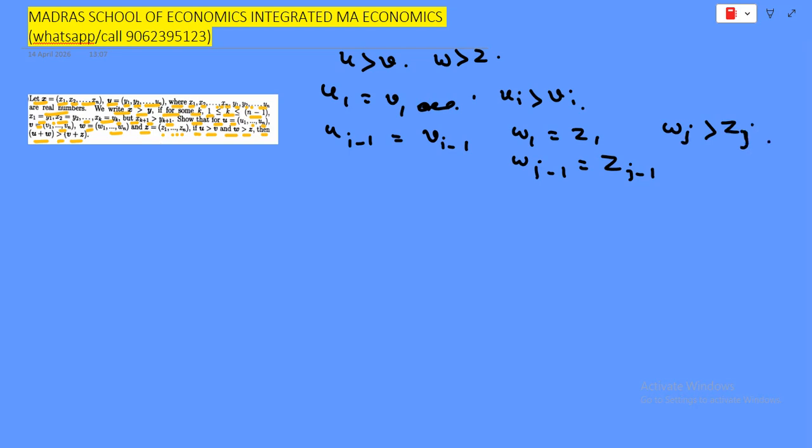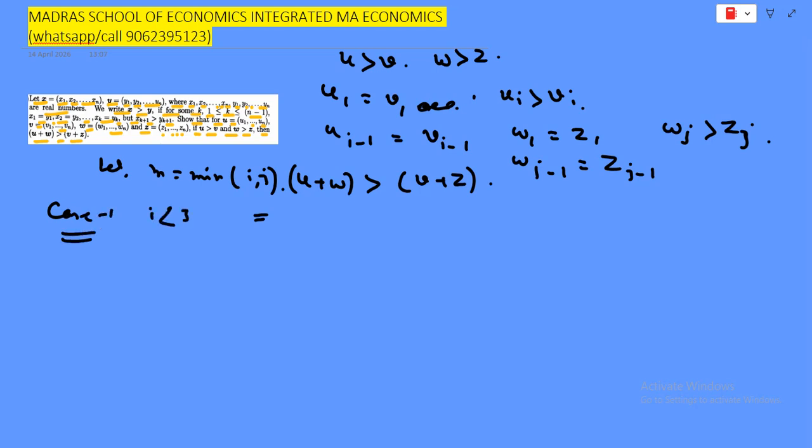Now we need to show that u plus w is greater than v plus z. To do this, we need to find the first index where the sum u plus w differs from v plus z. Let m be the minimum of i and j. So m is the first time anyone decides to be different. For case 1, if i is less than j, then up until index i minus 1 everything is a mirror image.